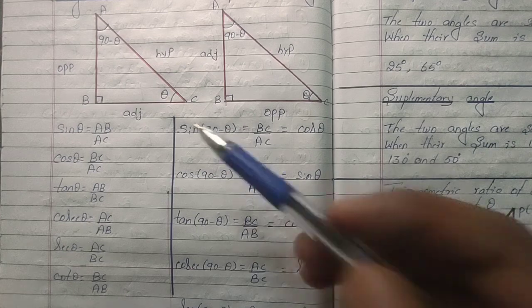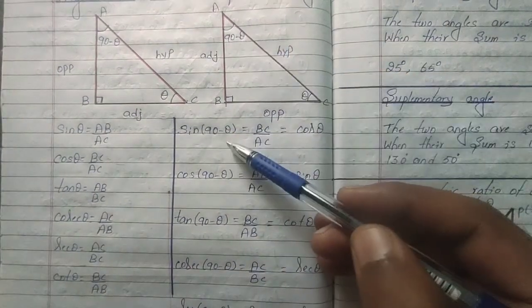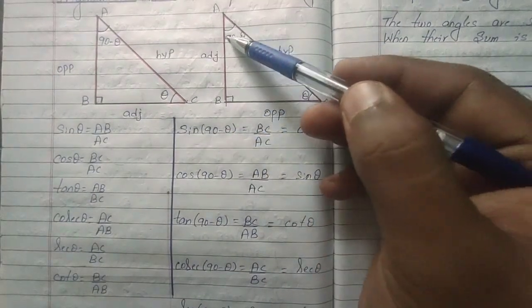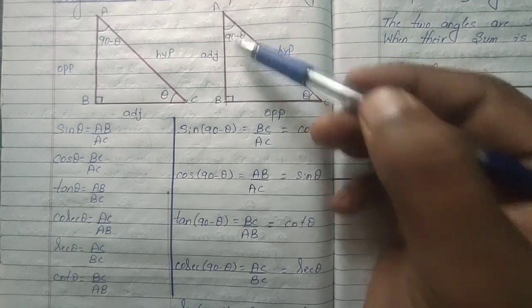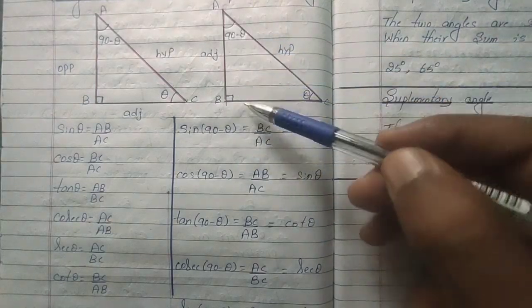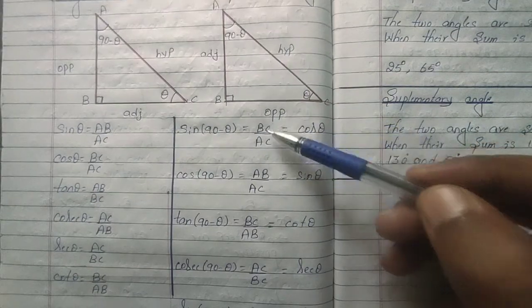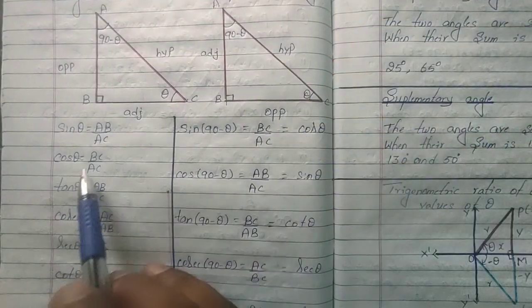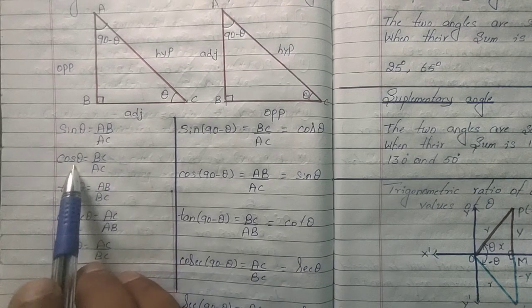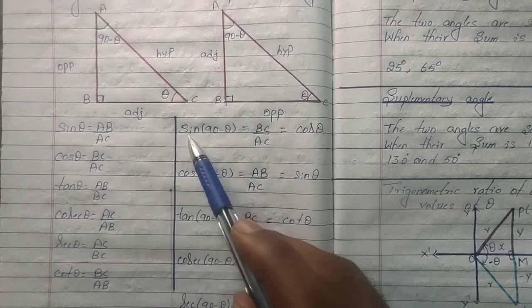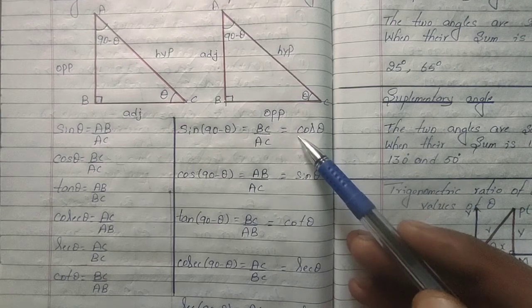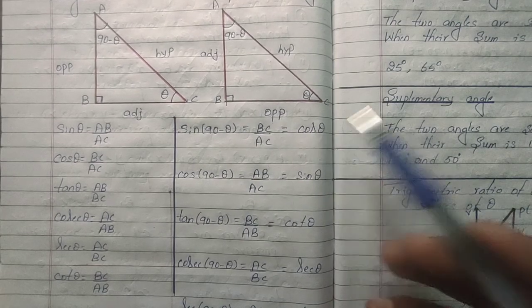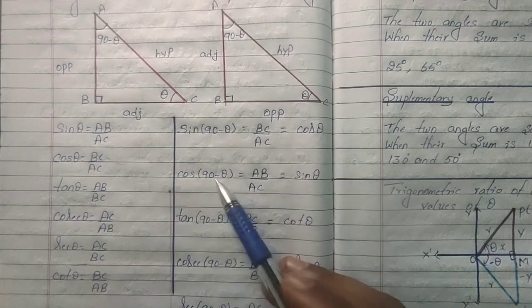Now sin of 90 minus theta: this is my angle right now, and the other one is my theta. Opposite by hypotenuse: opposite is BC, hypotenuse is AC. BC by AC is what? Cos theta. Therefore sin of the complement is cos. Similarly, I will take cos of 90 minus theta.